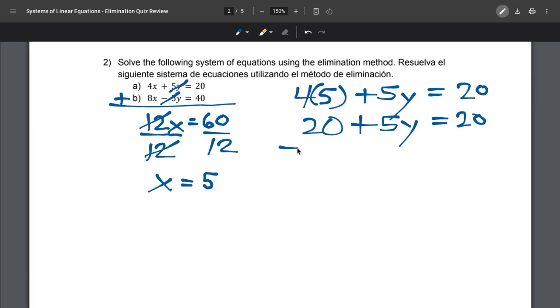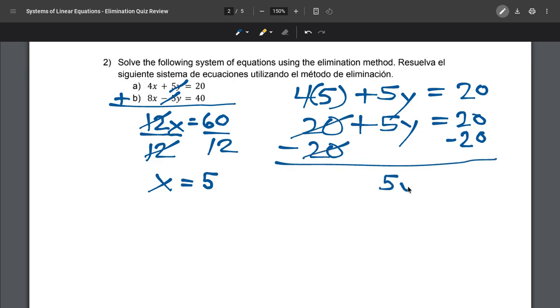But if you don't see that, we'll subtract 20 from both sides. Twenties will cancel here. We'll get 5y equals 0. Divide both sides by 5. Cancel 5's here, and we get y equals 0 divided by 5, which is just 0.